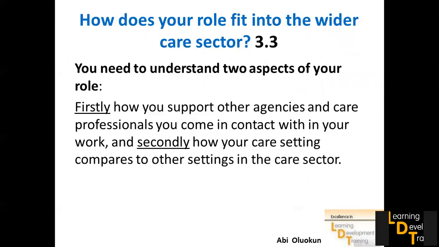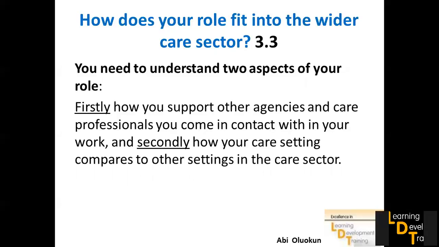Maybe you're working with the nurses, physiotherapy, community nurses, maybe the OT, different people that you have to work with, the GP, the pharmacy. Who do you have to work with? These show how your role fits into the wider care sector and the link it has with other professionals.